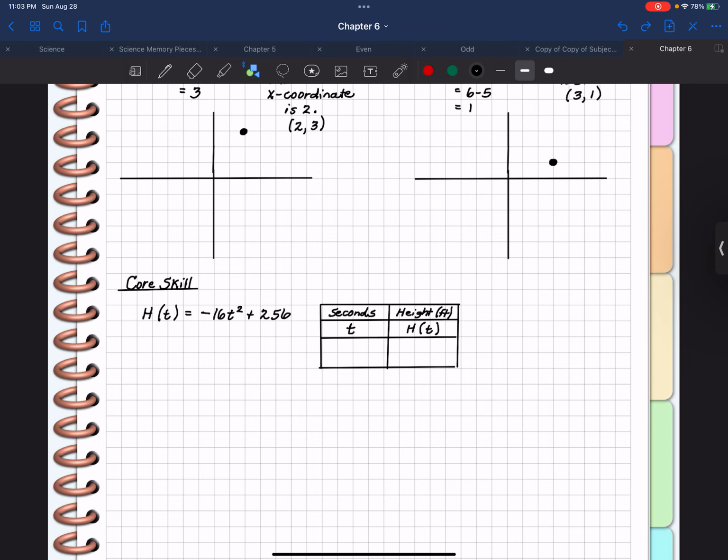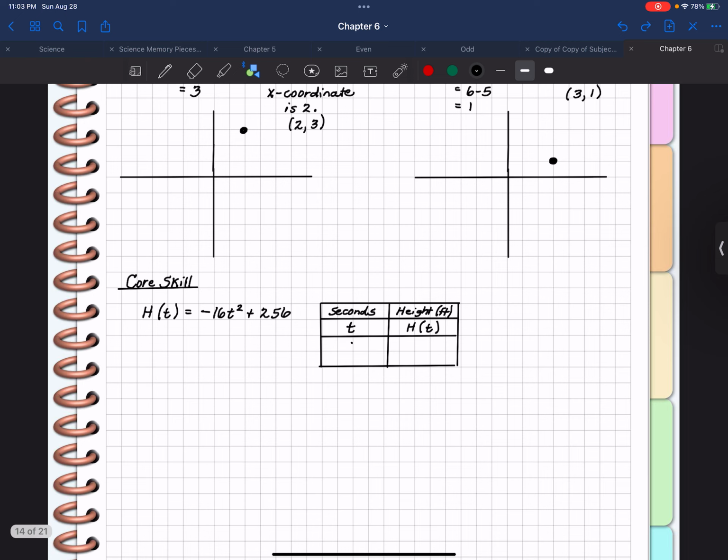Okay, here it comes. Evaluate this function when t is 0, when t is 1, t is 2, 3, and 4. So we need to add some stuff to our table. This is going to be fun at midnight. Let me put some rows so that won't look so peculiar.